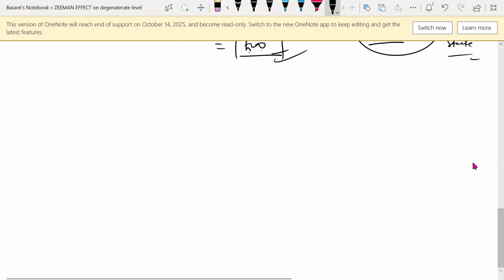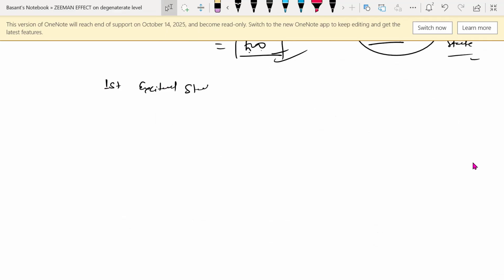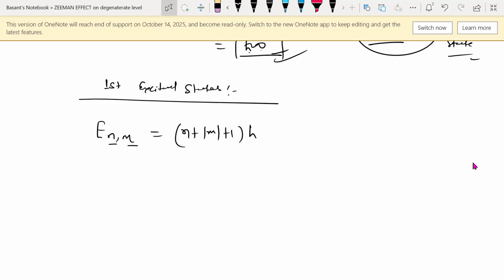Okay, but I have to see the degenerate perturbation theory, so I have selected the first excited states. For the first excited states, the energy level is given by n and m in the combination (n plus mod m plus 1) h-bar omega, with n equal to 0, 2, 4 and m equal to 0, plus minus 1, plus minus 2.